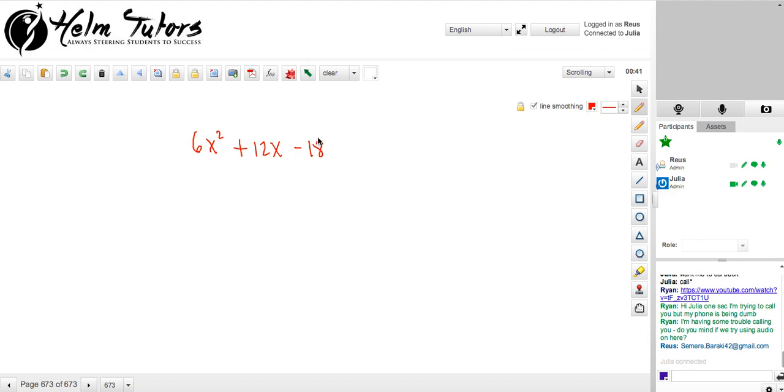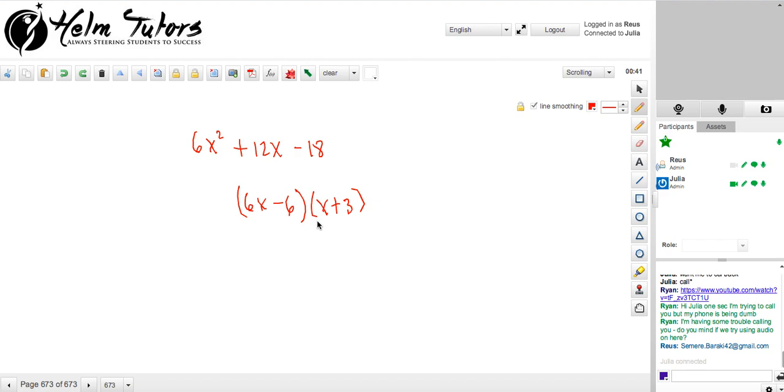Got it. And it says the completely factored solution is 6x minus 6 times x plus 3. Well, how would you check if this is the correct factoring, first of all?